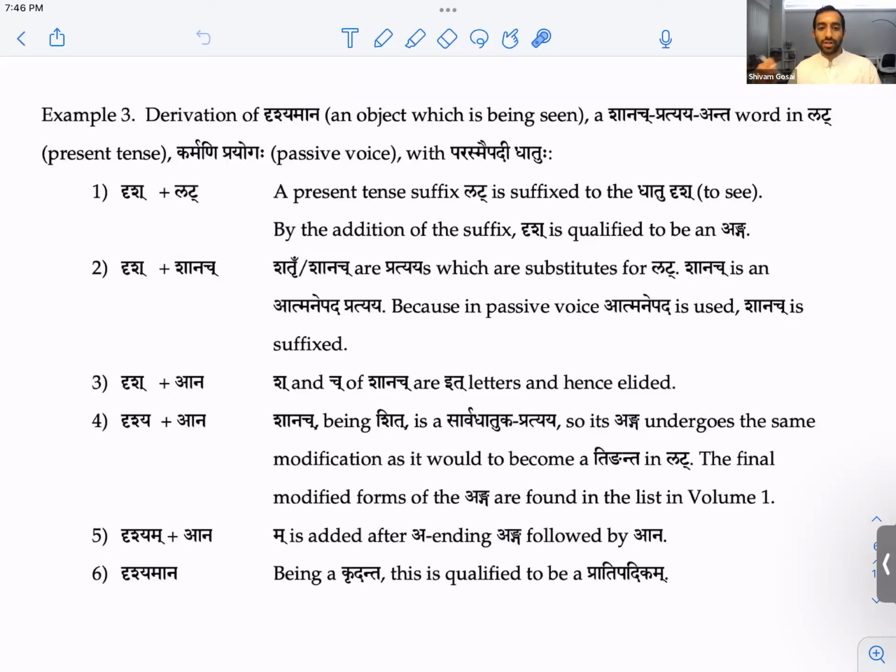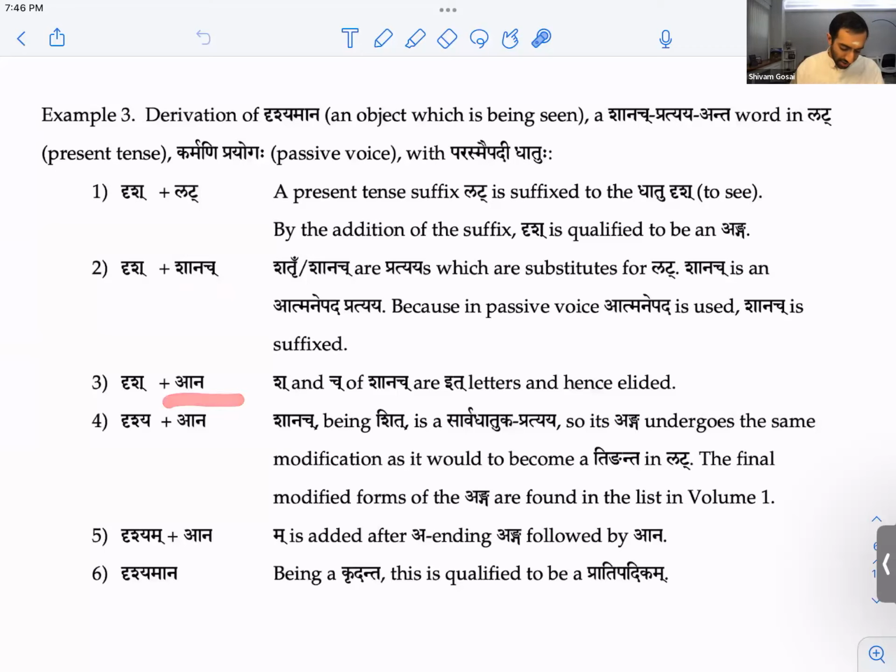But because we're in Karmani Prayoga, remember, in Karmani Prayoga we always take an atmanepada suffix. Drishyate, we would make the verb in Karmani. So Śānac is the suffix. So Drish plus Śānac. Does that make sense? Because we're in Karmani Prayoga, Sha and Cha go away.